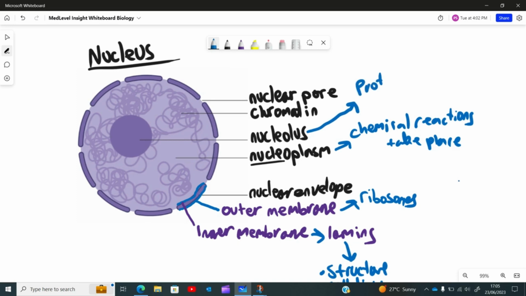But if we're talking about a snippet of medicine content, we would refer to this protein synthesis in particular as RNA synthesis.